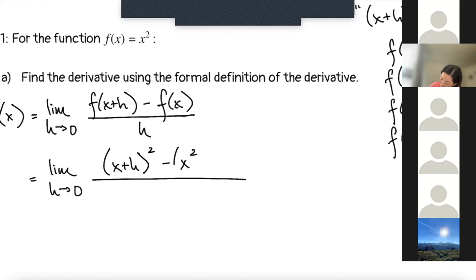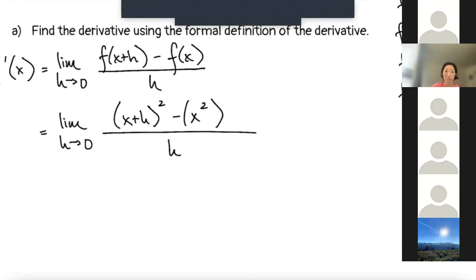I like to put parentheses around this because sometimes I have more than one term here. And if I have more than one term, I better remember to distribute that minus, right? And so if I put parentheses there, it will remind me that I'm going to need to distribute.